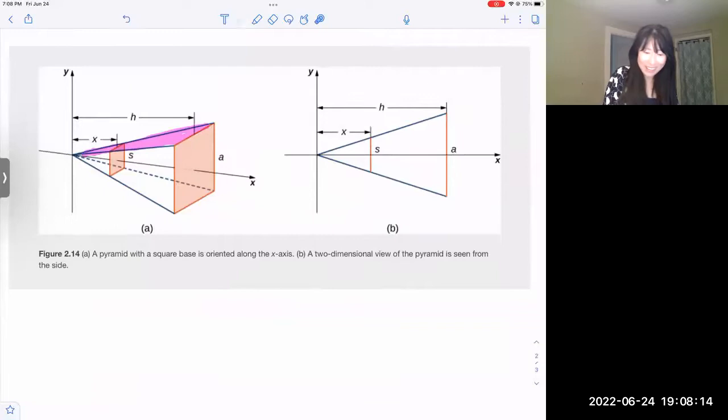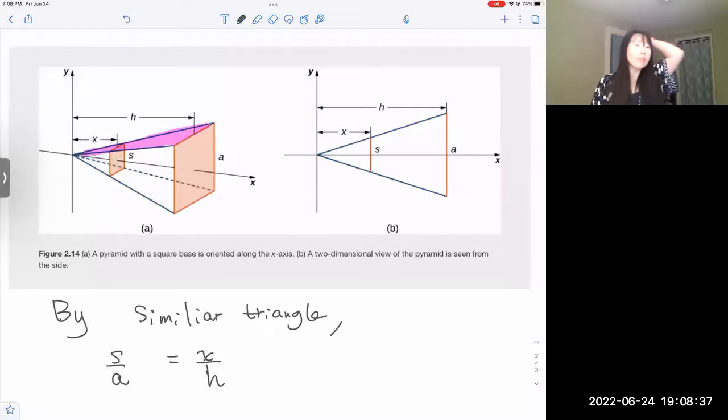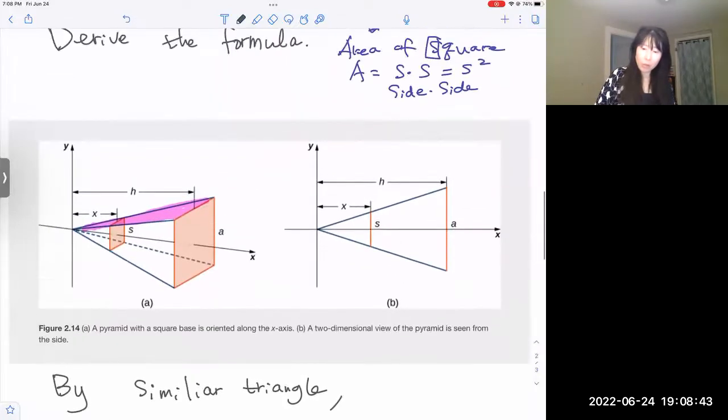Okay, let's write it down. By similar triangles, we can express S over A equal to X over H. Now, we said that the area of a square is A equal to S times S, which is S squared, right?